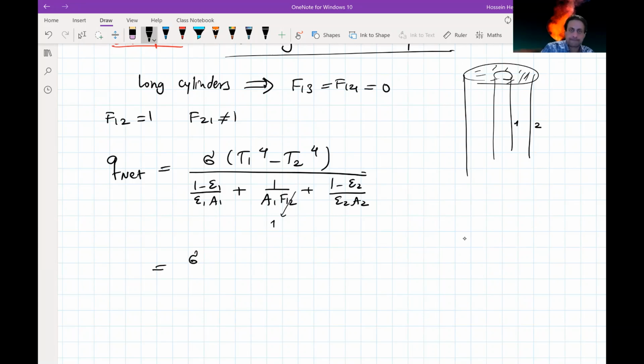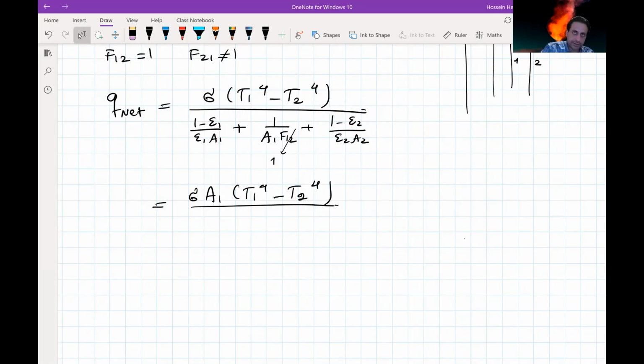and if I multiply both sides by A1, sigma A1 (T1 to the power of 4 minus T2 to the power of 4) divided by 1 over epsilon 1 minus 1, plus 1, plus A1 over A2 times (1 over epsilon 2 minus 1 plus 1).